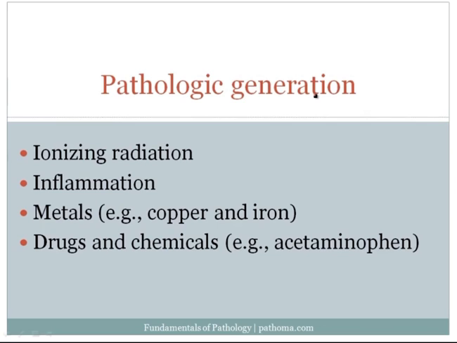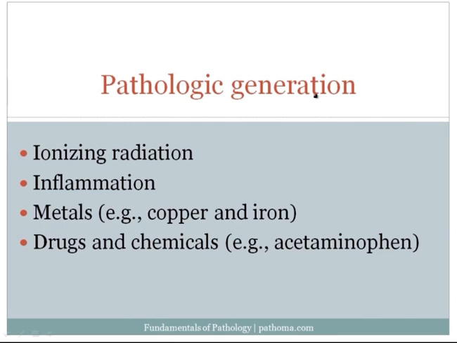So again, it's important to know, and examiners love to ask you, what's the underlying mechanism of damage in hemochromatosis, or what's the underlying mechanism of damage in Wilson's disease? In both cases, it's the pathologic generation of free radicals that actually results in the tissue damage that then produces clinical symptoms.